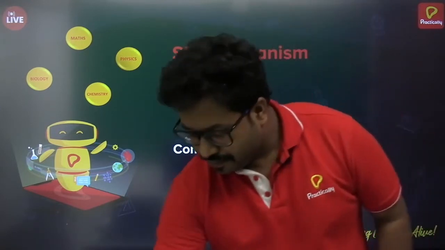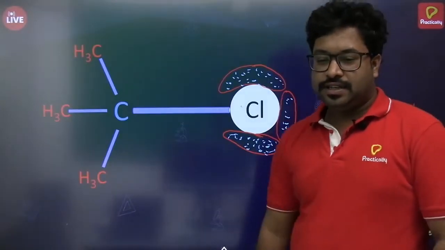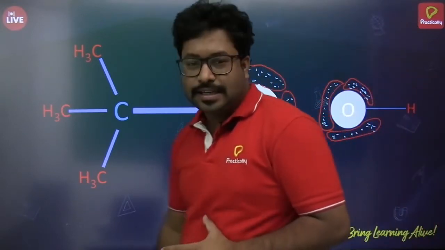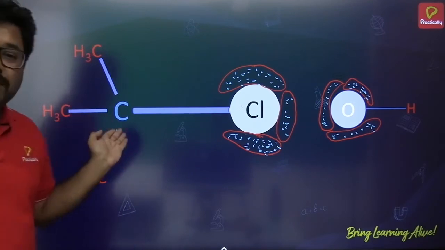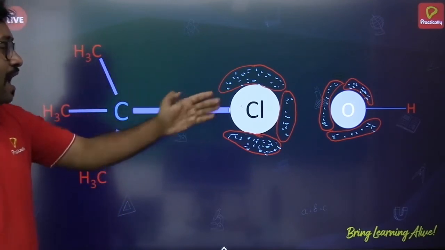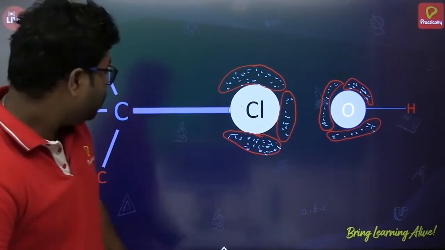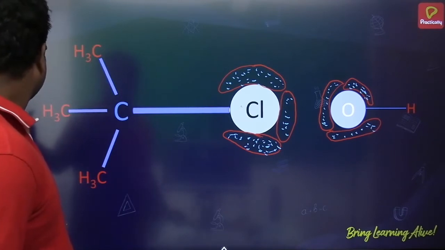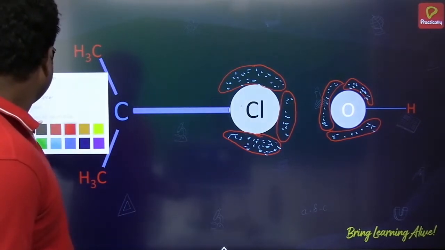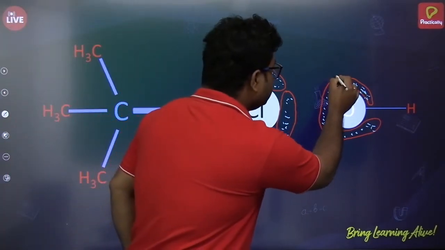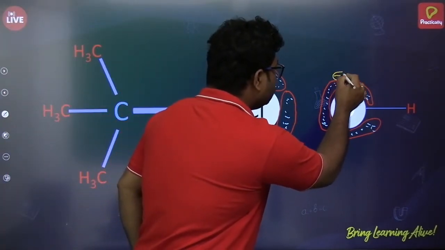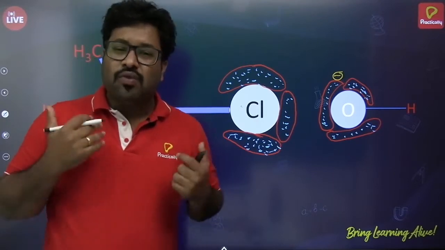The very first thing you can see here is the structure of tertiary butyl chloride, and that is your OH minus, where the negative charge is. Now, what is happening here?